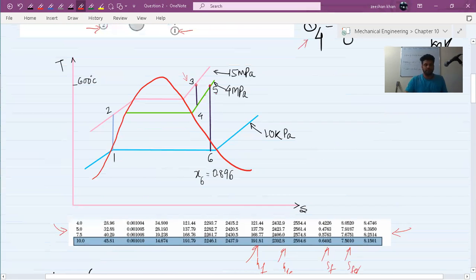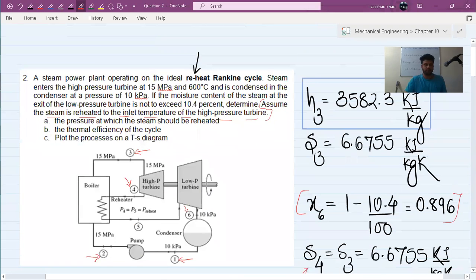So this is the fifth state, the pressure of which is still unknown. We don't know how much it is. I have already solved it. That is why I've written 4 megapascals out here. But the pressure at which the reheat is taking place is unknown. And that is what they want us to find here. That is problem number A here.